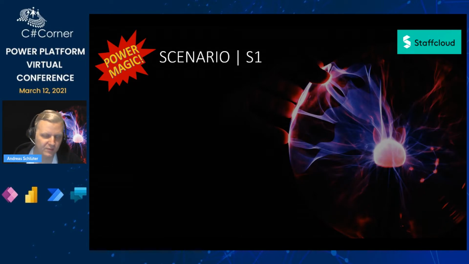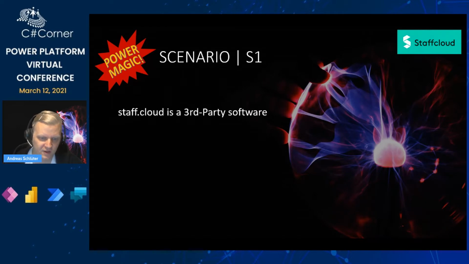For the first step, in this case, our third-party vendor is StaffCloud, and StaffCloud, like the name says, is a software as a service for managing staff, mostly for events.